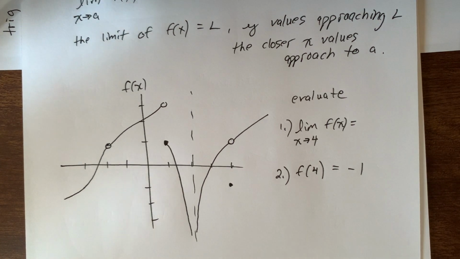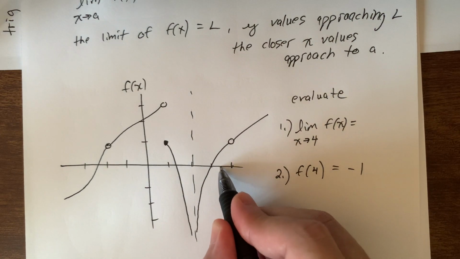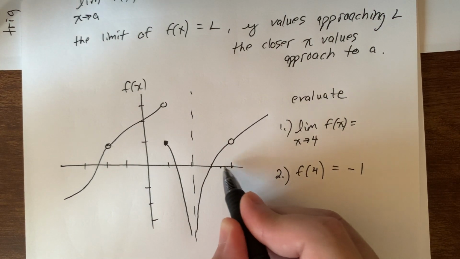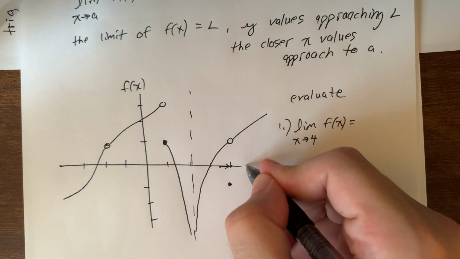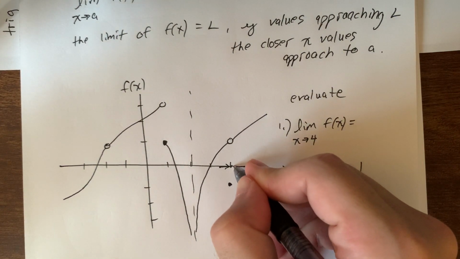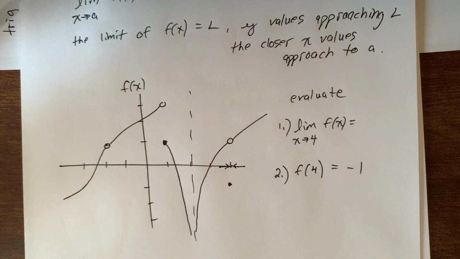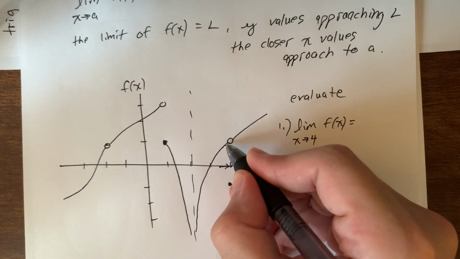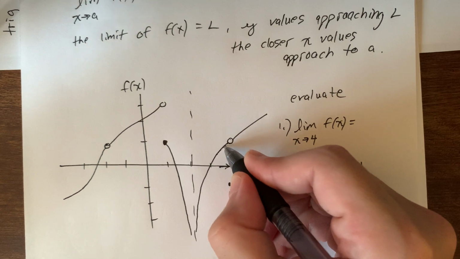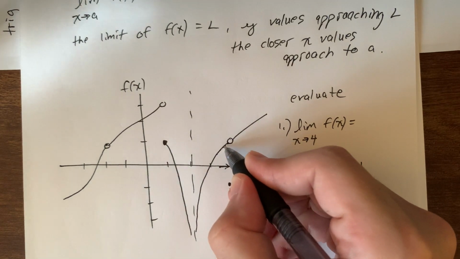That's what we mean by approaching. So if I start at about here and I get closer to an x value of 4, what is happening to the y? Same thing on the other side. If I start about here and go closer to an x value of 4, what happens to the y's? Well, let's do one side at a time. If I'm on this left side, point, point, point, point, point, my y's are going up, going up, going up. My y's are going up.